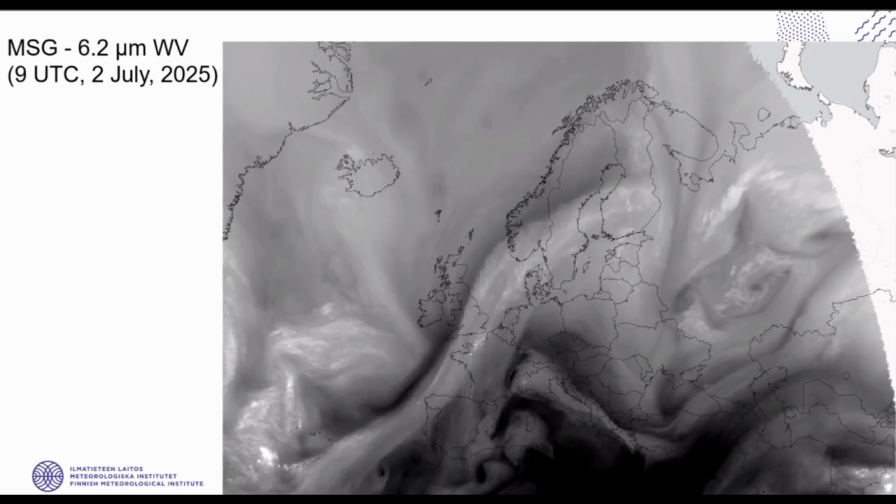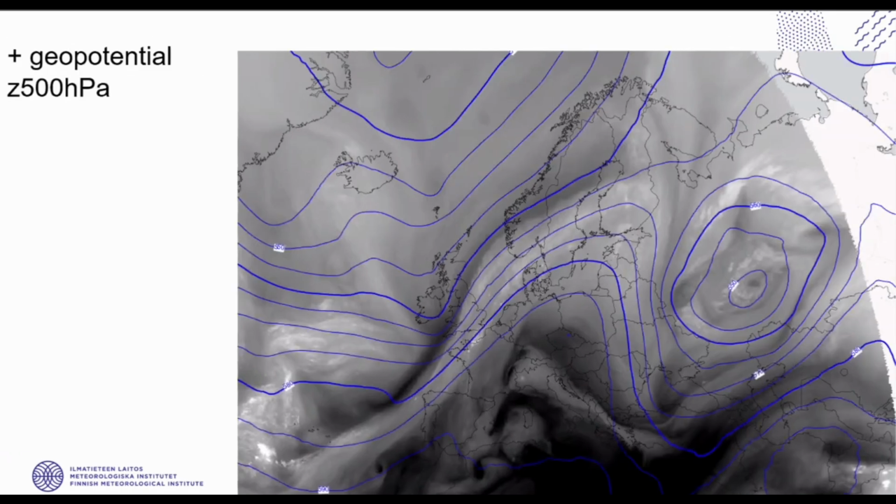And then after that, I also put on some model data. So I have the European 500 hectopascal geopotential here in blue isolines on top of the water vapor channel. So we can see that you have the trough here over Britain and going further down.